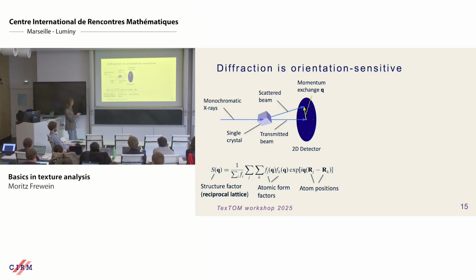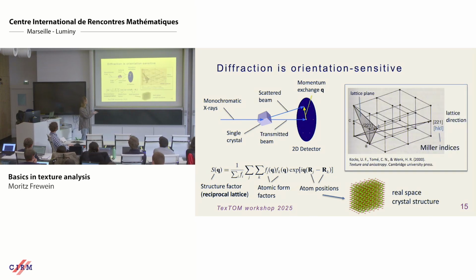And then if we do a Fourier transform of this, which is contained here, we arrive from the real space crystal structure to a reciprocal lattice. So the reciprocal lattice will reflect the symmetry of the crystal.